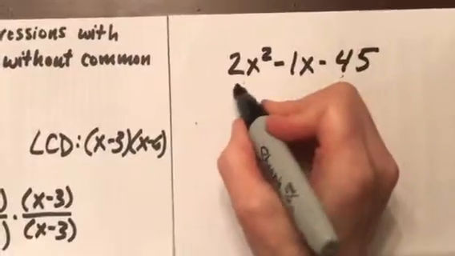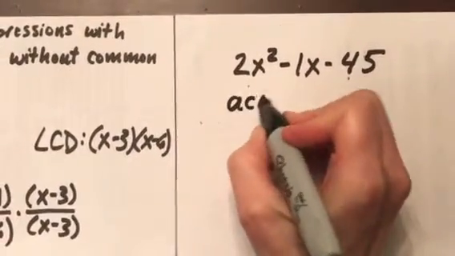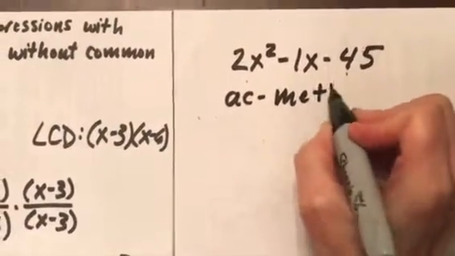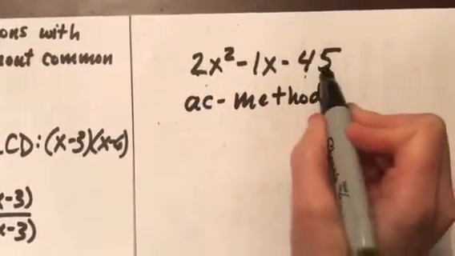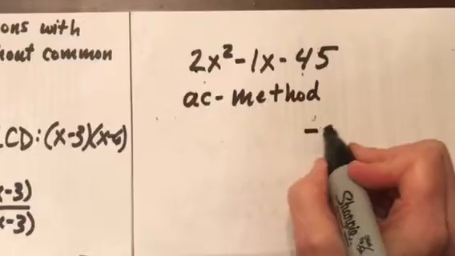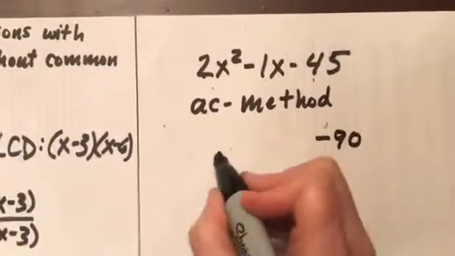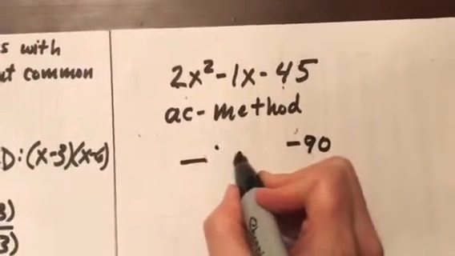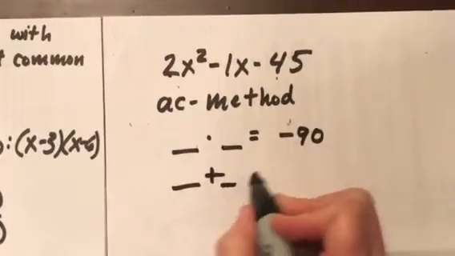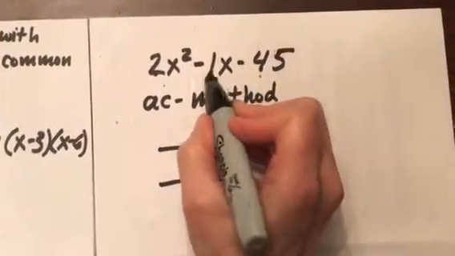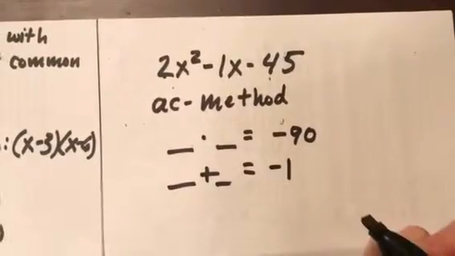One possible way is called the AC method. You may have heard of that during your Math 96 class. It's multiplying the 2 times the negative 45 to make negative 90. And I'm looking then for two numbers that would multiply to that negative 90 and that would add up to my middle term coefficient of negative 1.